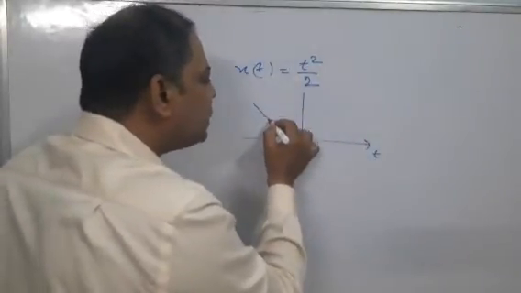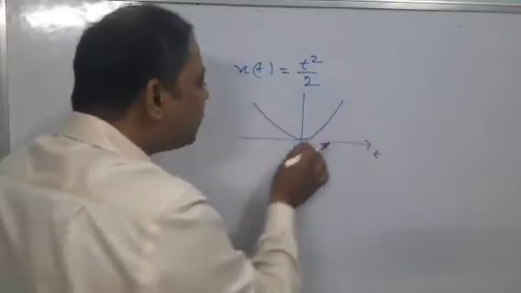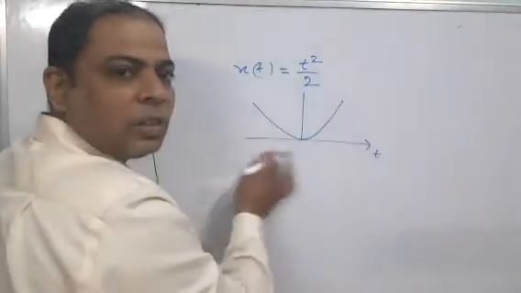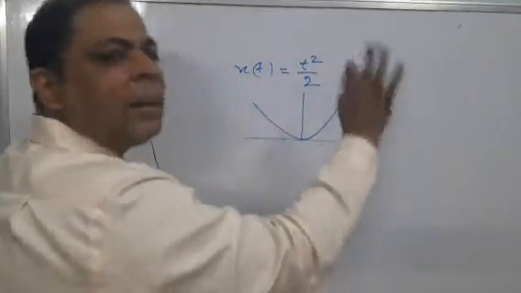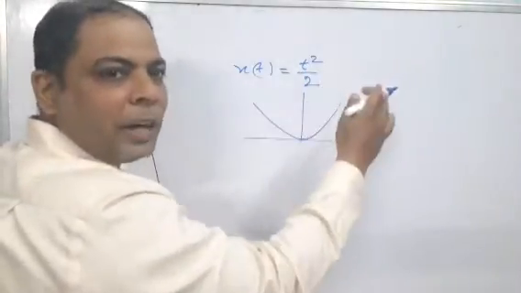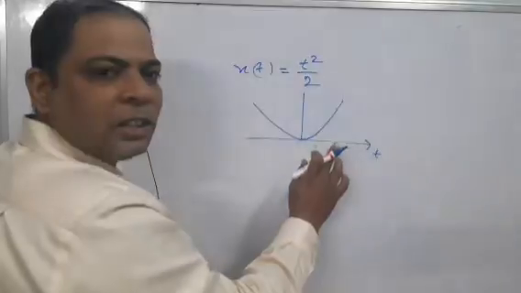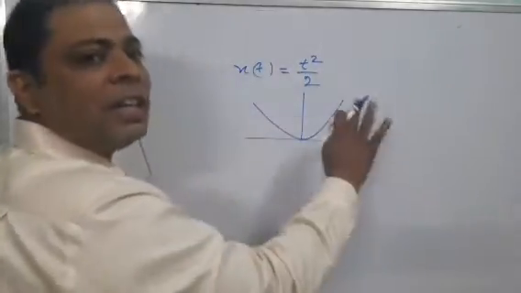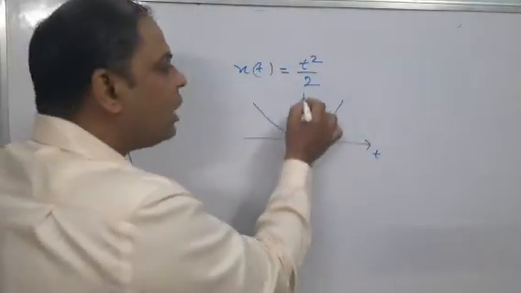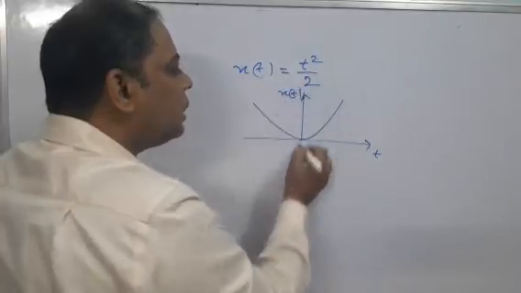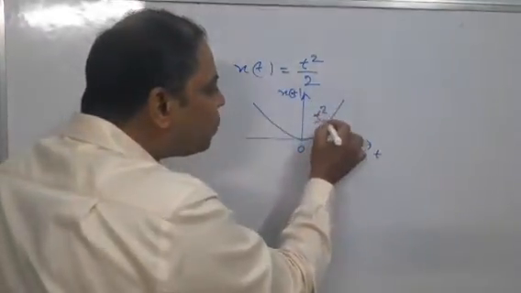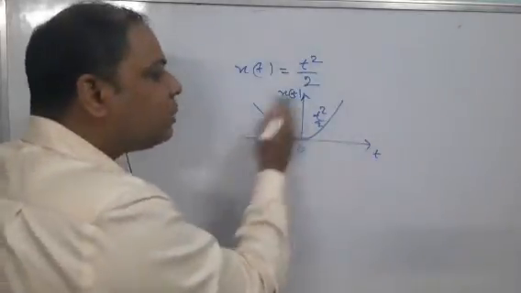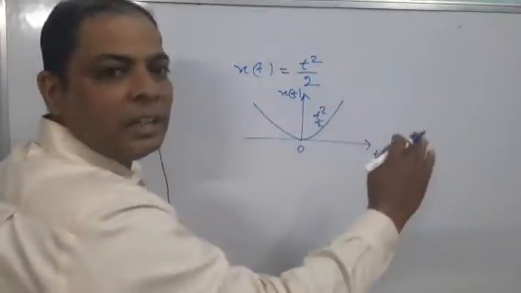You have to consider the negative time axis also. Mathematically, you have to consider the entire time axis. There is no physical meaning for negative time, but mathematically you are considering it. This is your x(t), this is 0, and this is your t square by 2. Both sides you have to sketch because you have to sketch for all t.